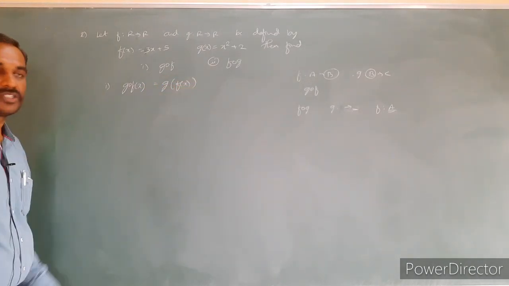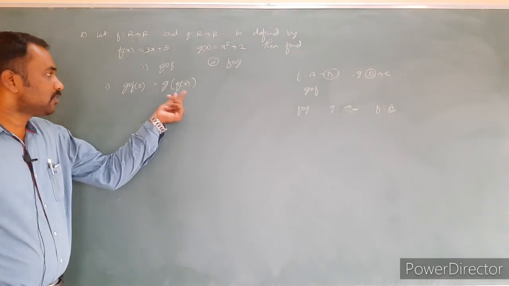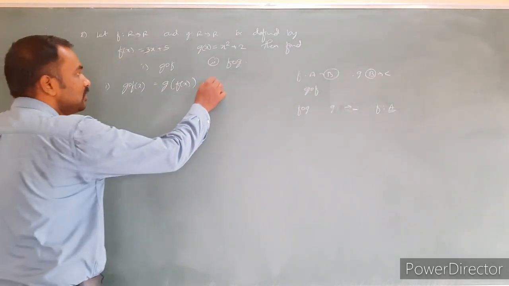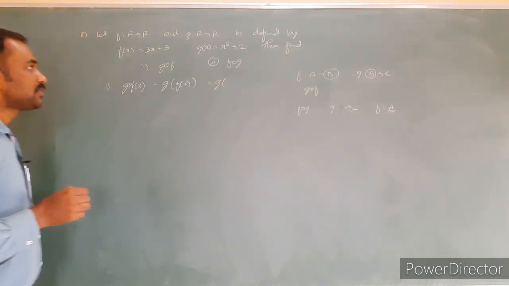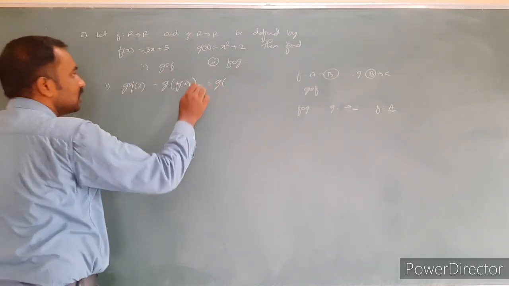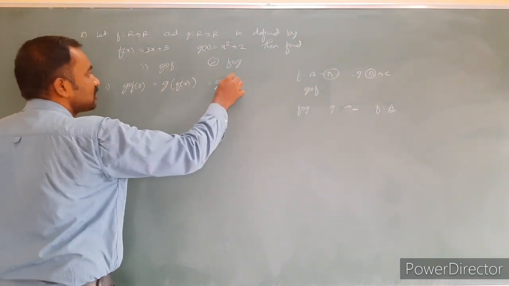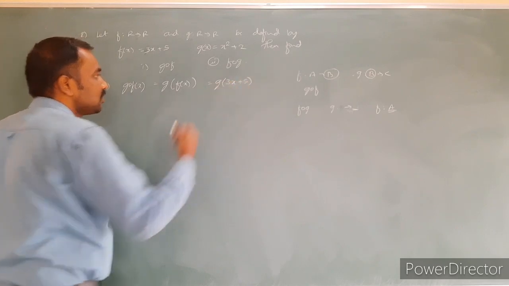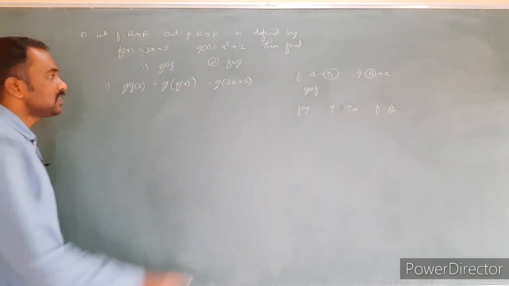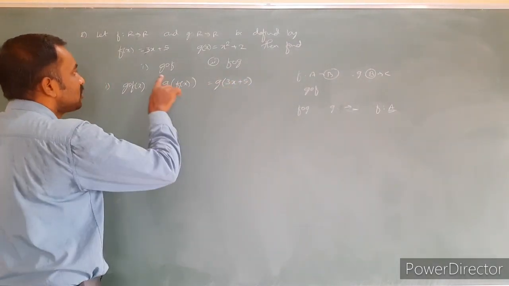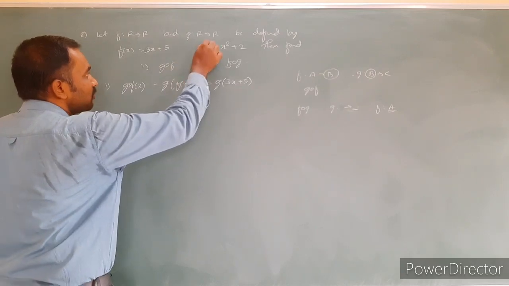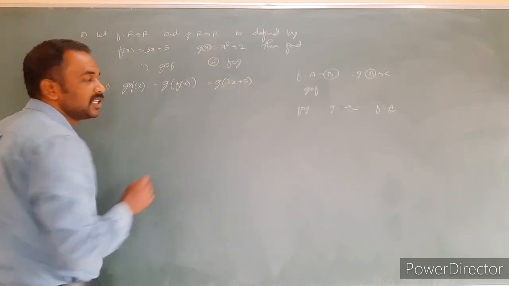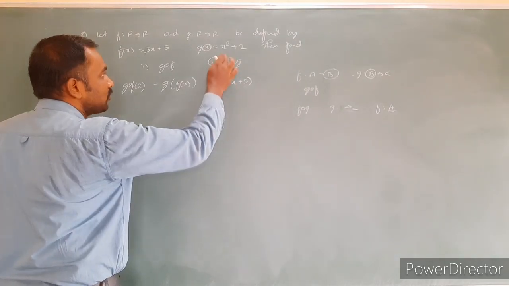Just remember this definition. Now we have to replace the inside value. What is the inside value? g of, first of all, f of x. What is the f of x value? f of x is nothing but 3x plus 5. In place of x in g of x, replace 3x plus 5. What is that?